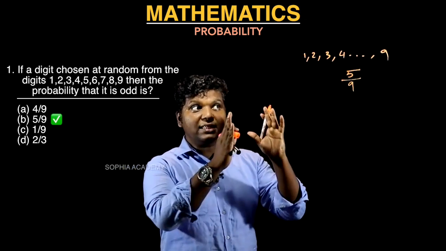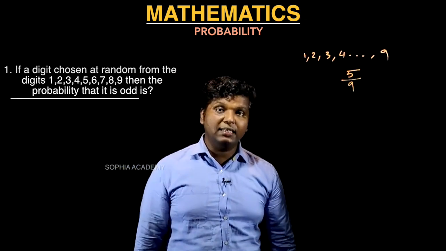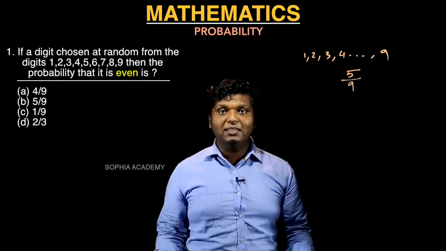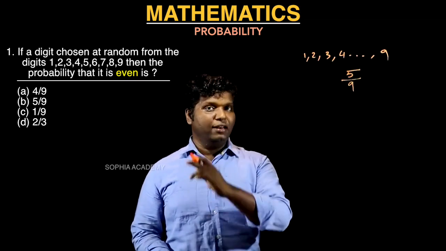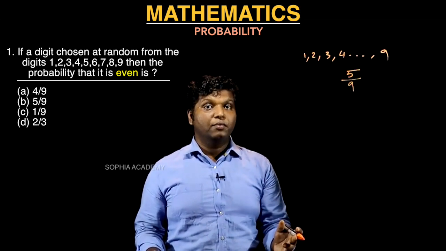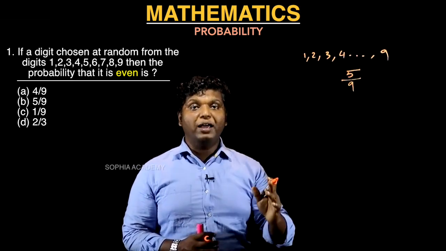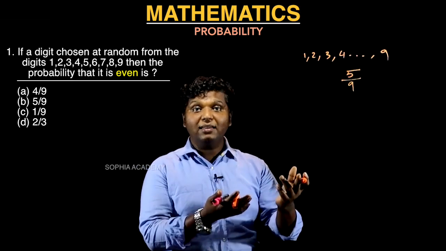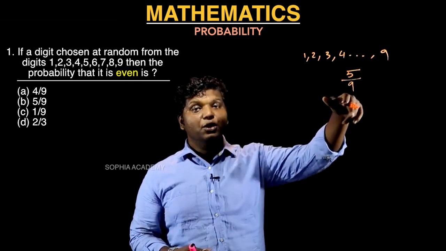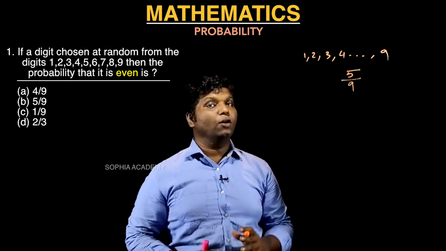So see, in this same question, if they were asking to find the probability that the number obtained is even, what would be your answer? Because here you can see there are 4 options given: 4 by 9, 5 by 9, 1 by 9 and 2 by 3. Among these, the second one was the correct option.